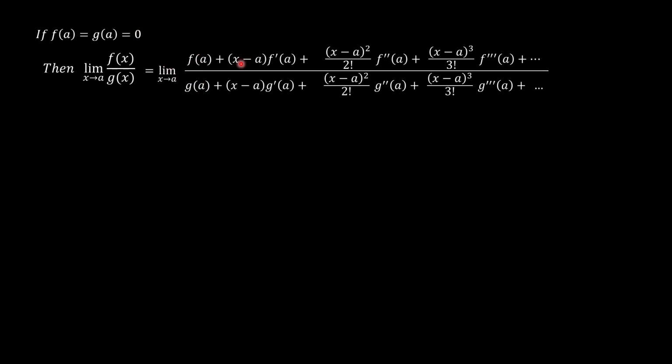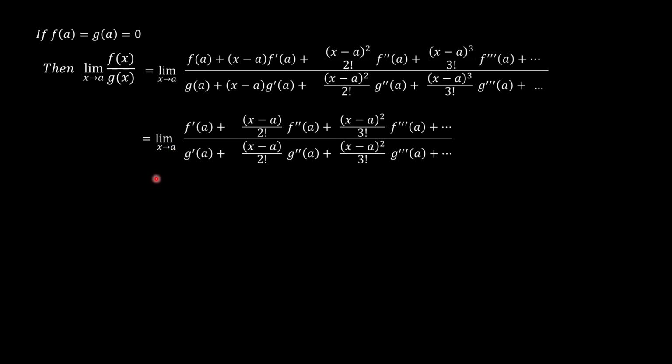Now take x minus a common from both the numerator and denominator so that the above equation reduces to the form limit x tends to a, f dash of a plus x minus a by 2 factorial into f double dash of a plus x minus a whole square by 3 factorial into f triple dash of a and so on, divided by g dash of a plus x minus a by 2 factorial into g double dash of a plus x minus a whole square by 3 factorial into g triple dash of a and so on.